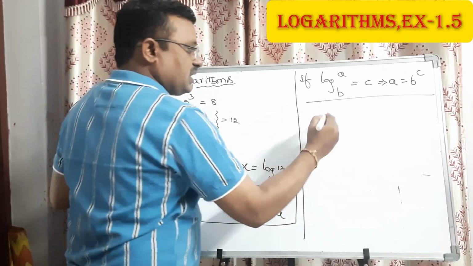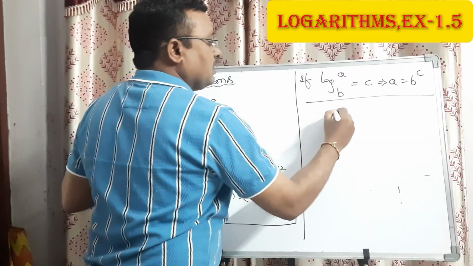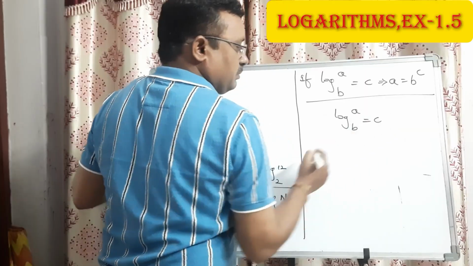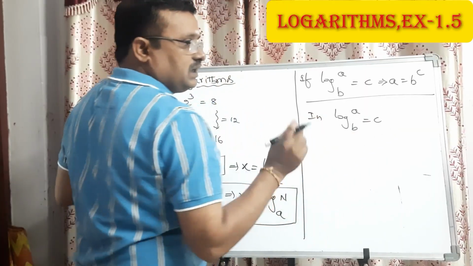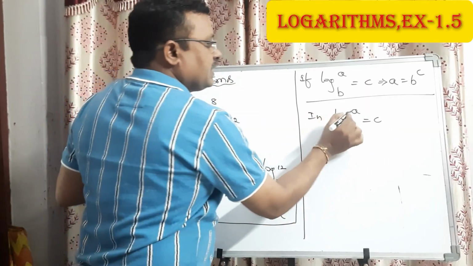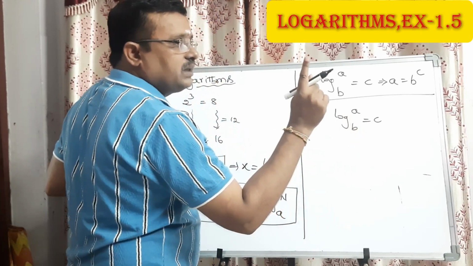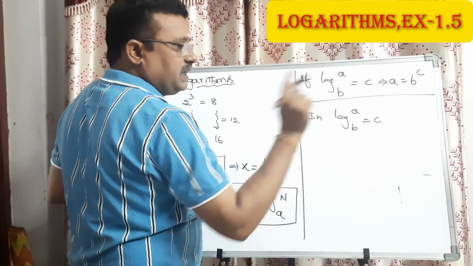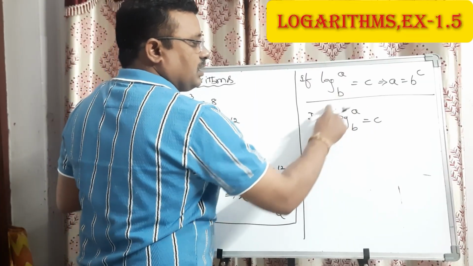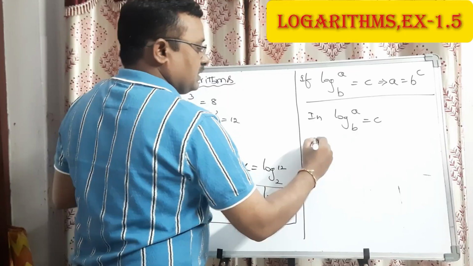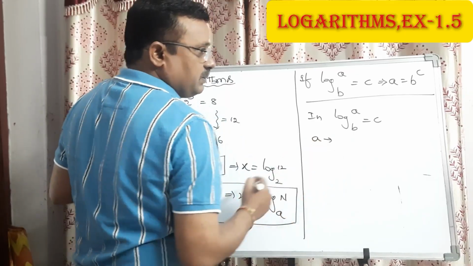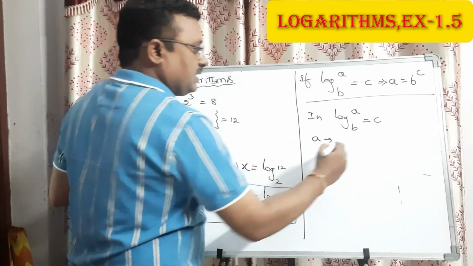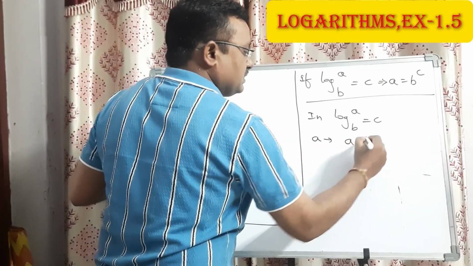In this general representation of logarithm, log a to the base b equal to c, listen to me very carefully: a is called the logarithmic number, b is called the logarithmic base, c is called the logarithmic value. The logarithmic number a has a specific condition: a should be greater than 0.